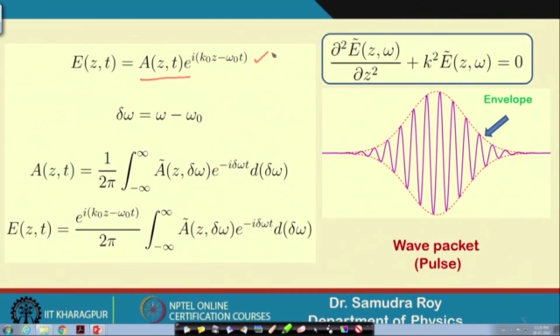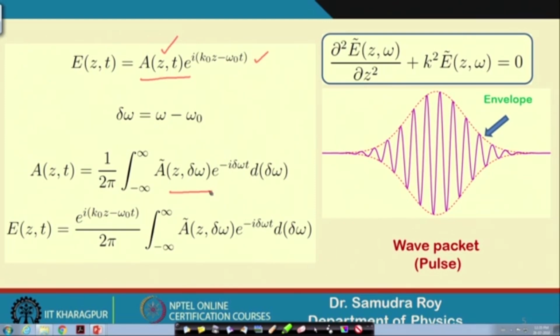Why am I saying superposition? Because A is forming a structure by superposing different kinds of plane waves. So, if I now try to write this A in a suitable form, then basically I will write it in this fashion.